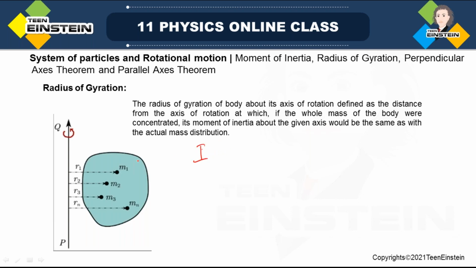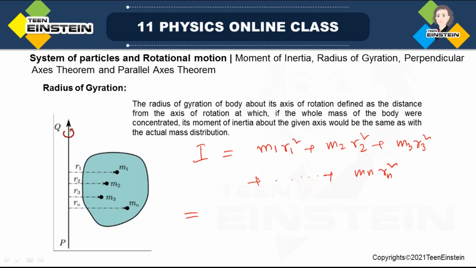Let me write the moment of inertia of this object: m1 r1 square plus m2 r2 square plus m3 r3 square, like that, up to mn rn square.